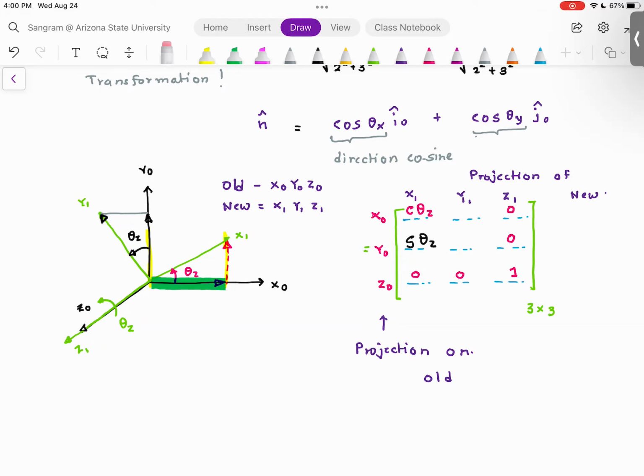Right? Everyone agrees? Now, please understand, this is the resultant. So this guy should be like this. So the projection of y1 onto x0 is... and friends, this is the rotation matrix.